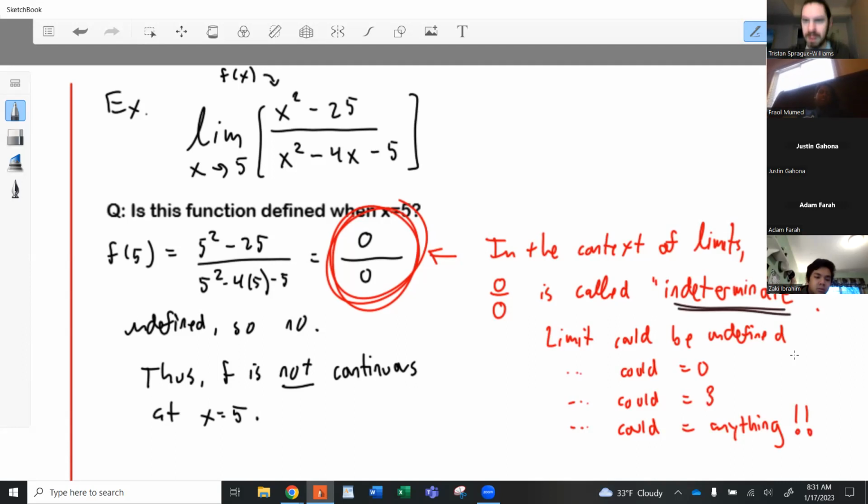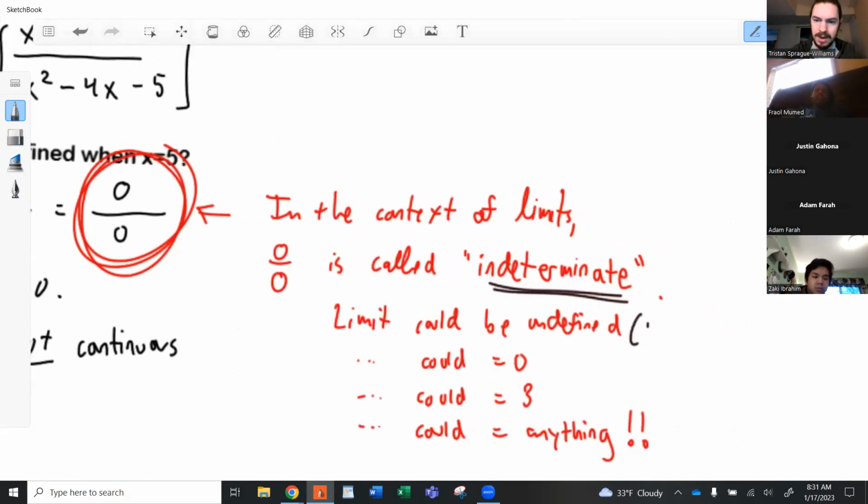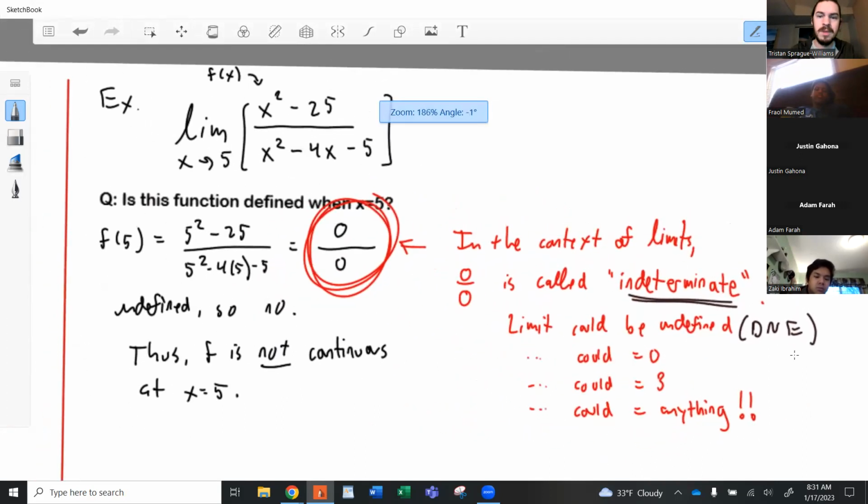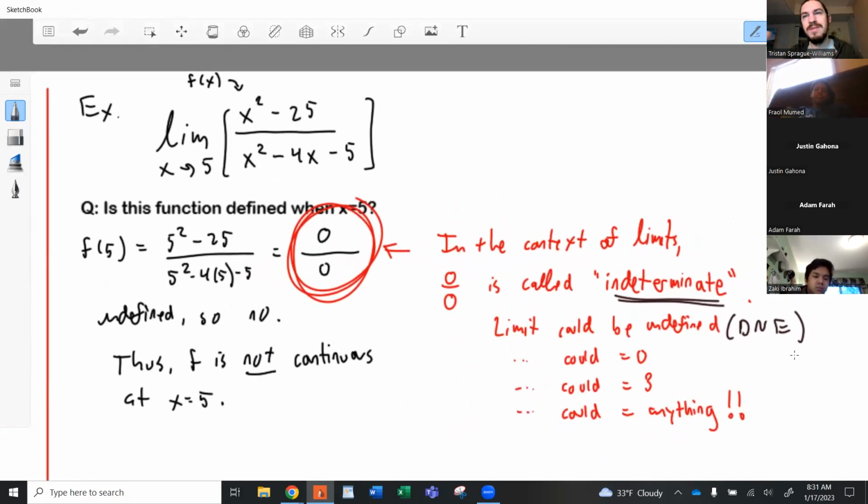I'm going to put that in parentheses next to undefined. I think what I really should have said there is DNE, does not exist. But indeterminate is a totally different thing. Indeterminate is like, whoa, we don't know. There's not enough information yet to say what is going on with this limit. You've got to do some more digging. You've got to approach it in a different way, take a different angle. So that's what we're going to do now.